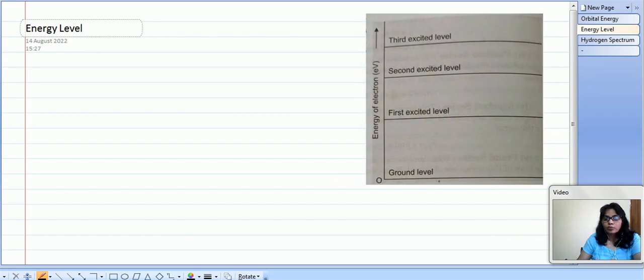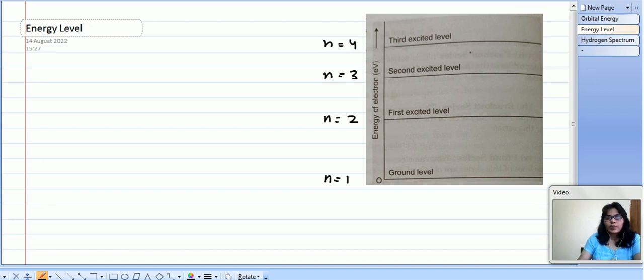This corresponds to n equal to 1, then n equal to 2, n equal to 3, and n equal to 4. These are the values of the principal quantum number, and these are the corresponding energy levels. In this picture, one can see that as the principal quantum number increases, the difference between the energy levels decreases.